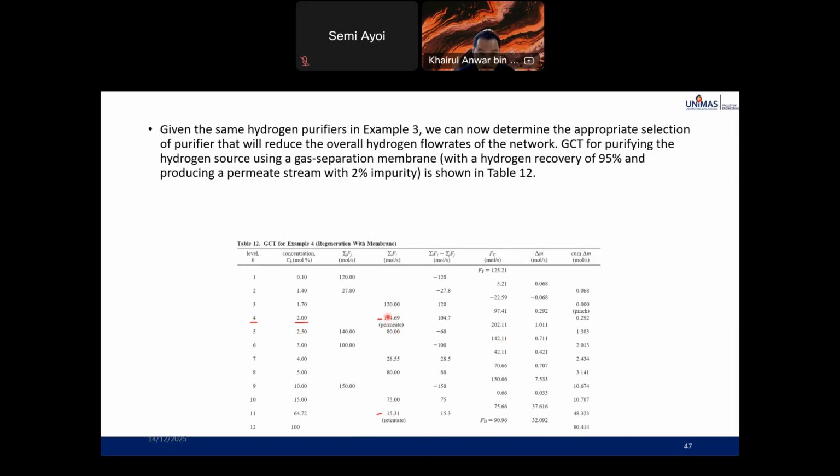Based on this, we can see 4.69 is treated at 2%. Meanwhile, 15.31 is treated at 64.72%. Then redo again. 0.1%.